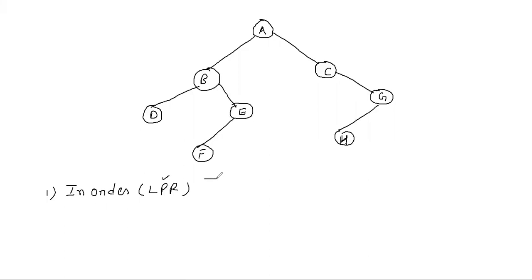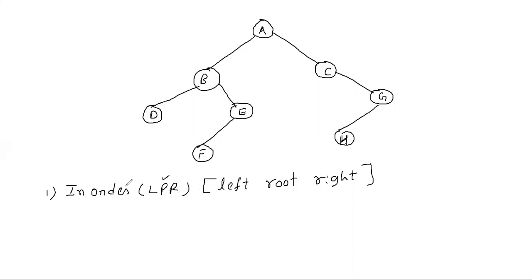You can also write this as left, root, right. LPR, left, parent, right, or left, root, right. So we have to visit the vertices in this order, LPR.